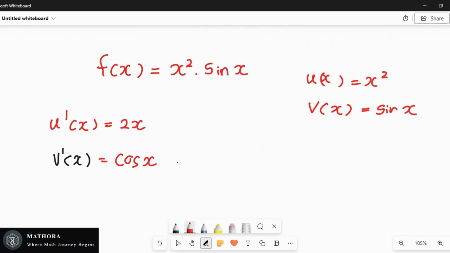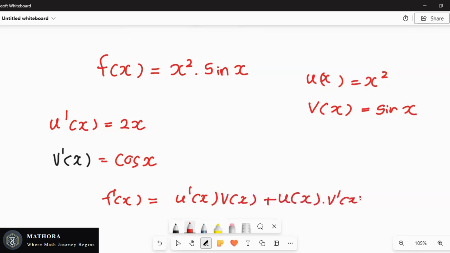Now we need to plug everything into the product rule formula. As you all know, f dash x equals u dash x times v(x) plus u(x) times v dash x.